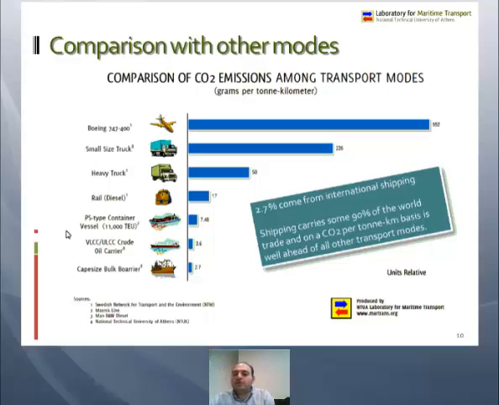So in total, 2.7% of the total anthropogenic CO2 emissions come from international shipping. Shipping carries approximately 90% of world trade, which means it is the most efficient transport mode, and that makes shipping a clear winner.